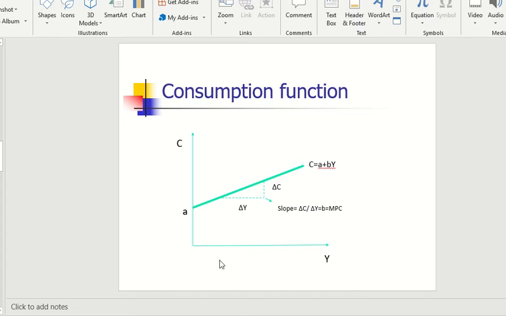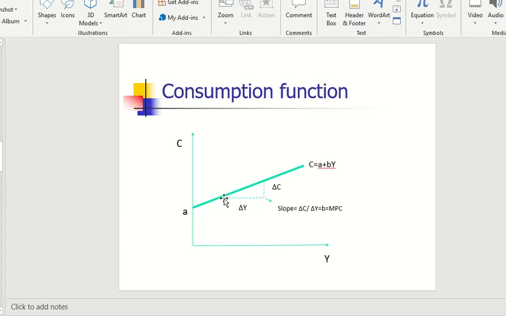Okay. So when you recall what you have learned in your math class, if you have a linear function like this, that little a is actually the y-intercept, and that little b is the slope. Slope, as you recall in your math class, is the rise over run. When you look at the rise, the vertical distance, that's simply the change in consumption.